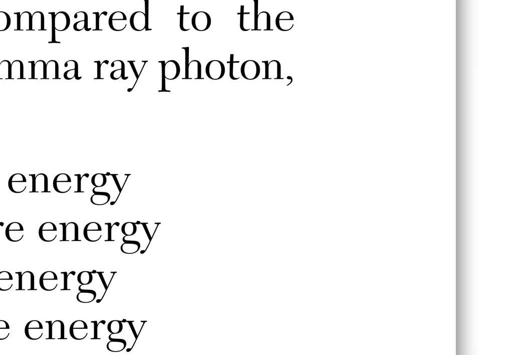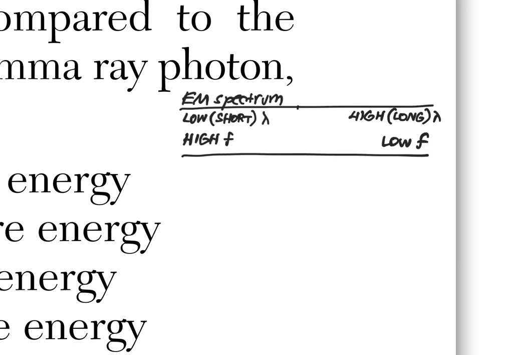The way the EM spectrum is structured on the reference table is on the left side they have the short wavelength and high frequency light, and then over on the right side they have the long wavelength and low frequency light, and in the middle there's a small portion which is the visible light.